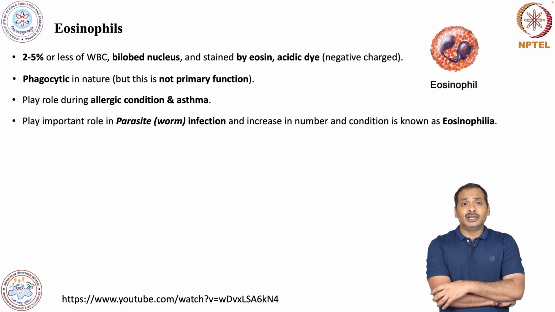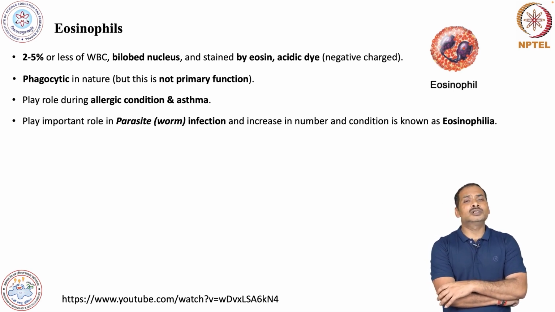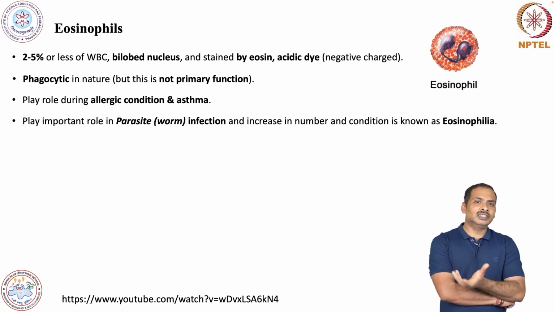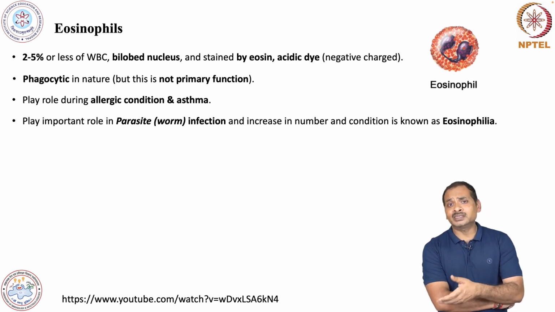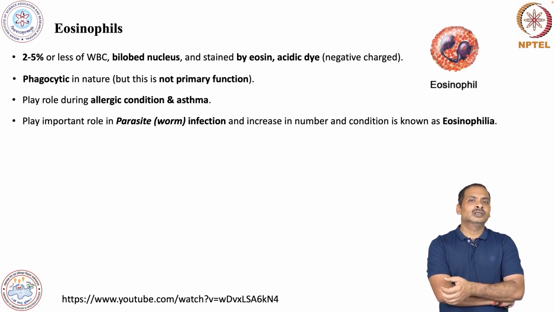The eosinophil number is increased in allergic conditions and asthma, in addition to parasite infection, and there is a technical term for this, eosinophilia. It is an increase in the number of eosinophils. Eosinophilia is an indication of either allergy or some parasite infection.